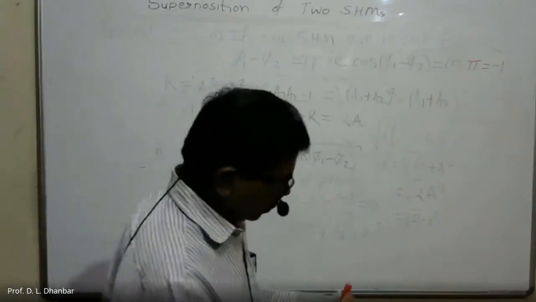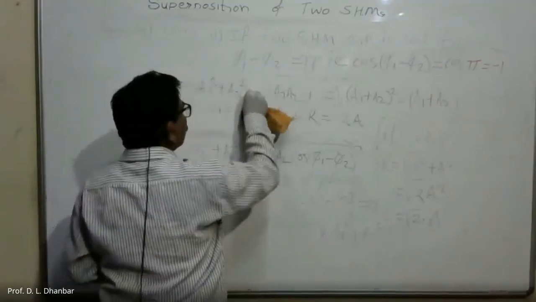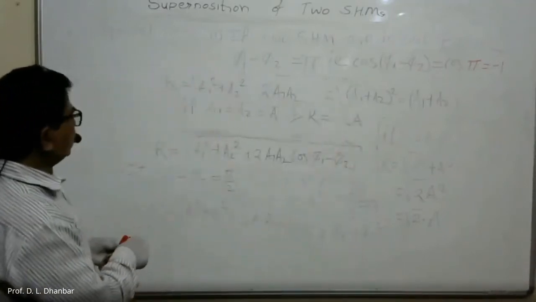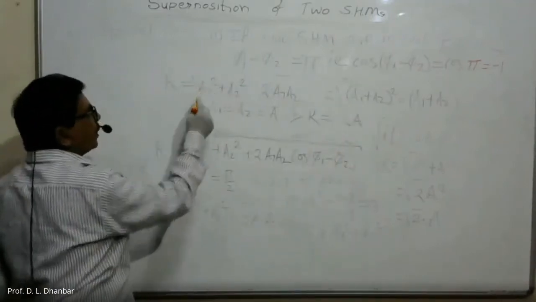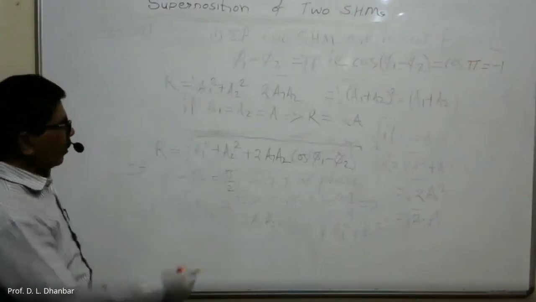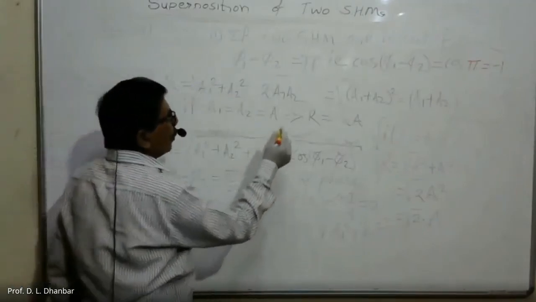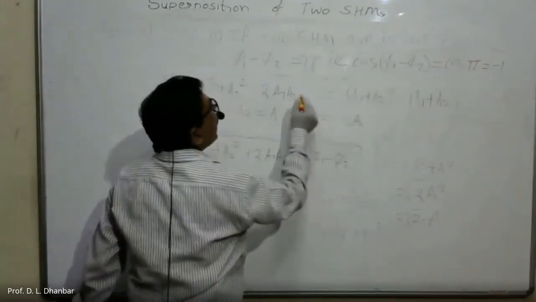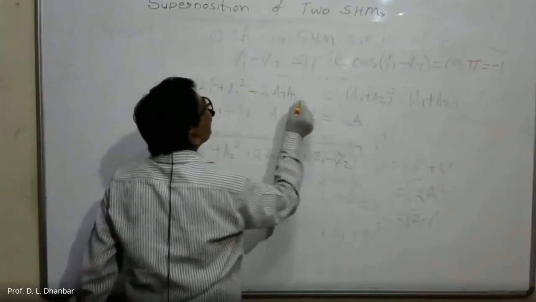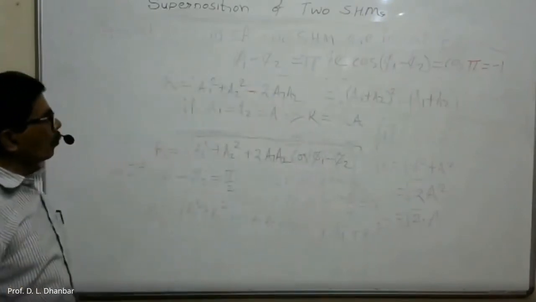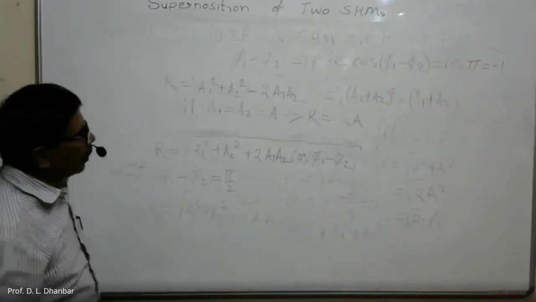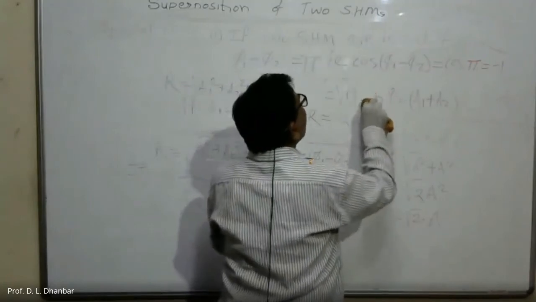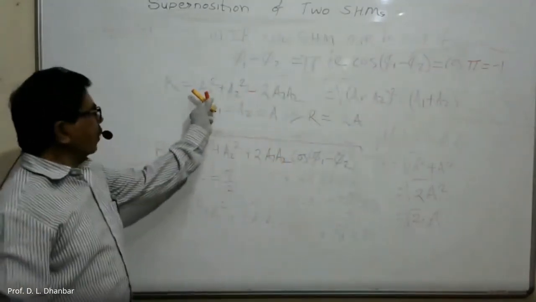Capital R is equal to under root A1 square plus A2 square plus 2 times A1 A2 into cos of 180 or cos of pi, and cos of pi is minus 1, so that minus sign I will write here, so that you will get A1 square plus A2 square minus 2 A1 A2. This is nothing but the square of A1 minus A2.